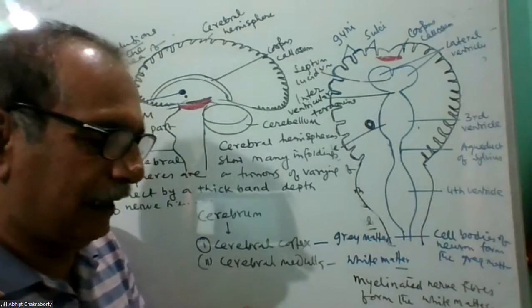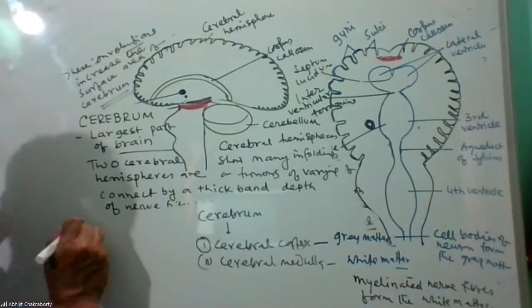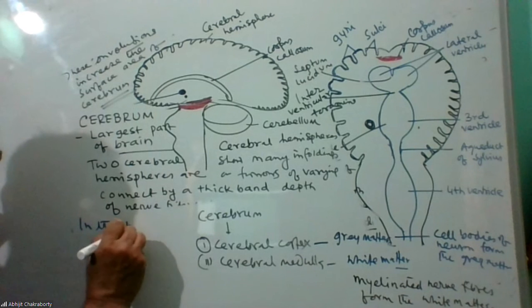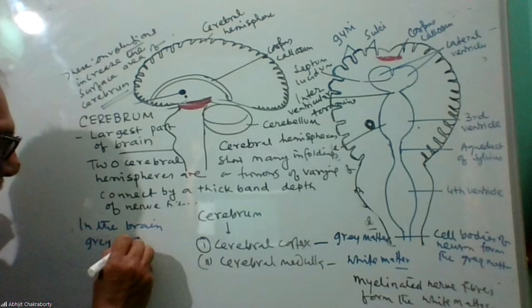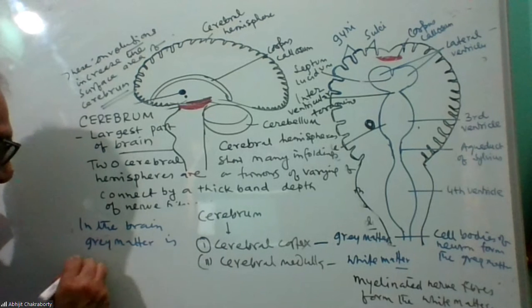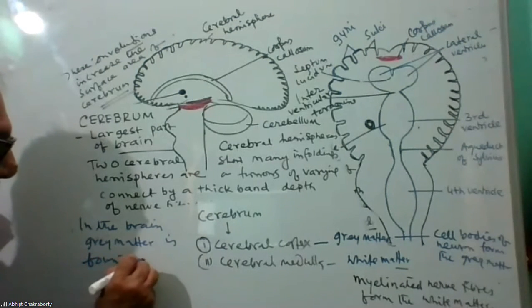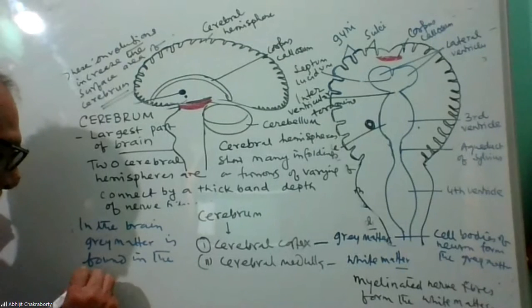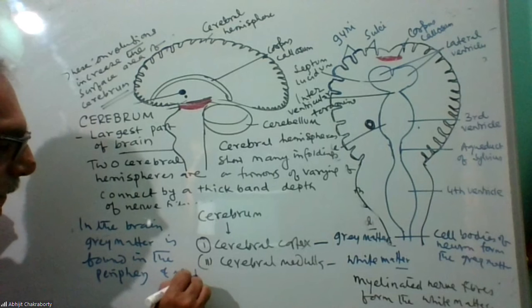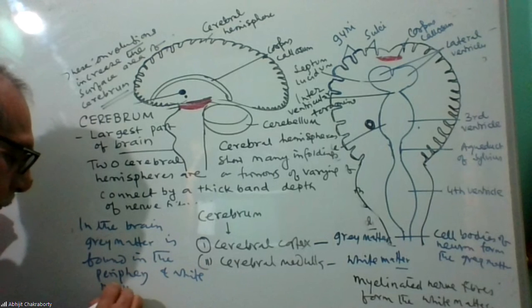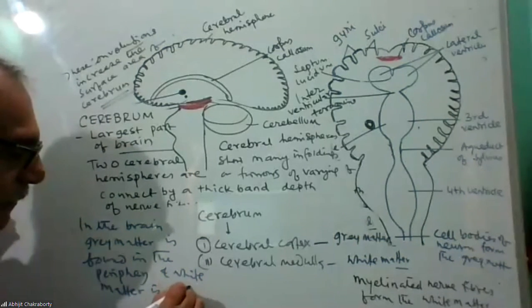Write it down. In the brain, gray matter is in the periphery and white matter is in the center.